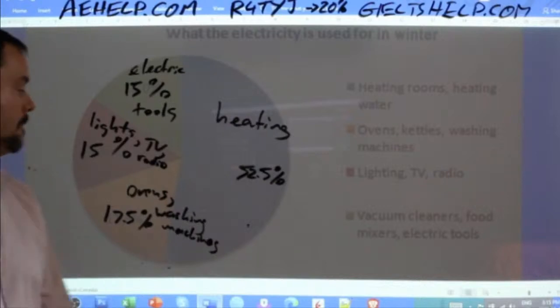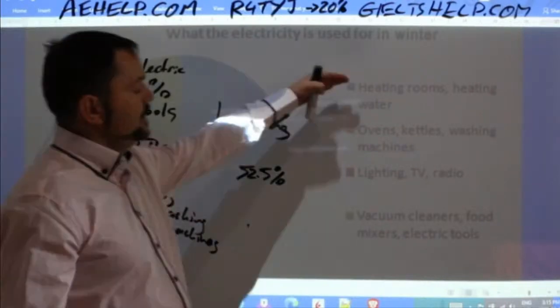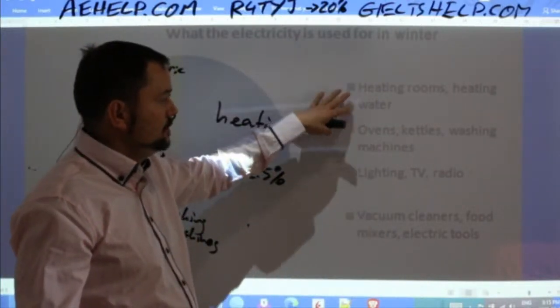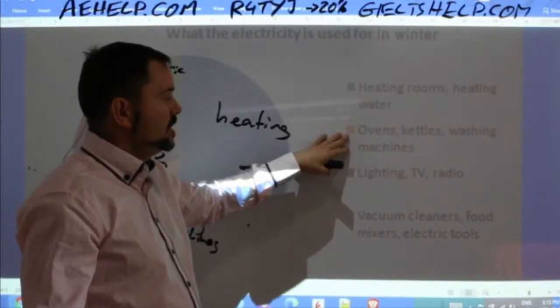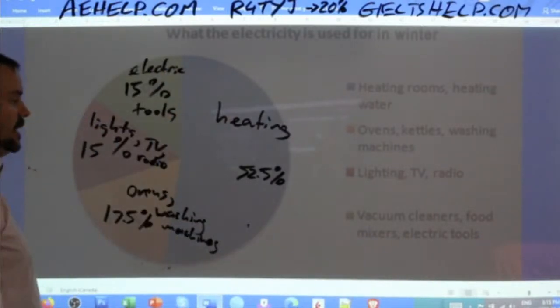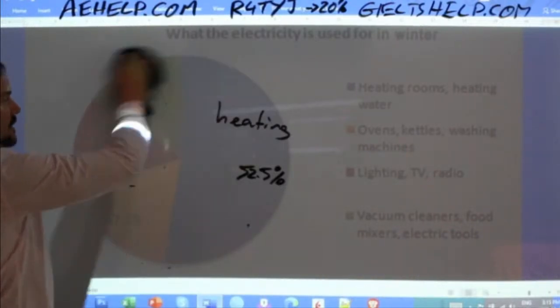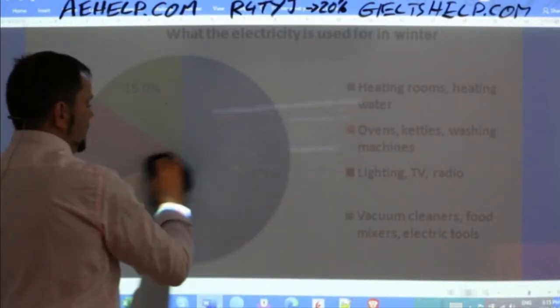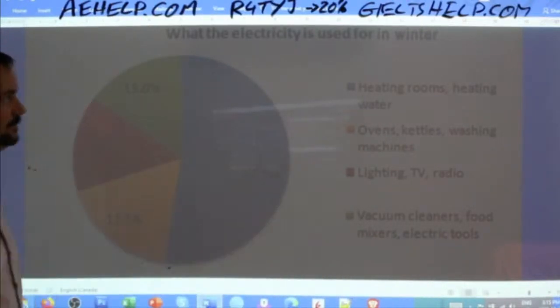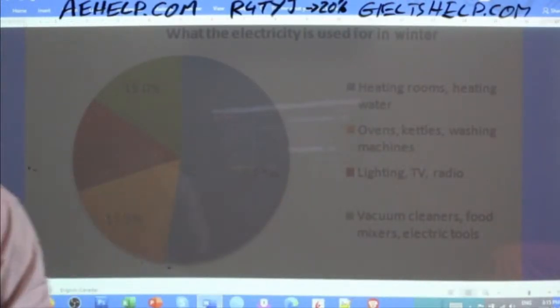So that's our second graph there. We have 4 different categories: heating, rooms and water; ovens, kettles, washing machines; lighting, TV, radio; vacuum cleaners, food mixers, electric tools. Those are the 4 different categories of using electricity in the winter. That's important, the title, using electricity in the winter.